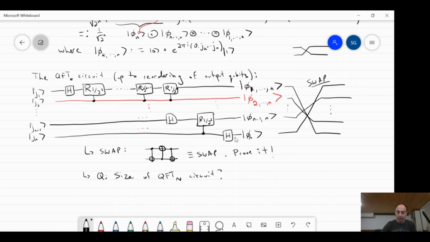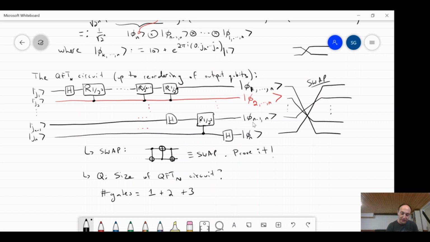The number of gates: on the bottom wire, you have 1 gate. On the second last wire, you have 2 gates. On the third wire, you're going to have 3 gates. I'm missing a whole bunch of stuff on the second last wire, aren't I?